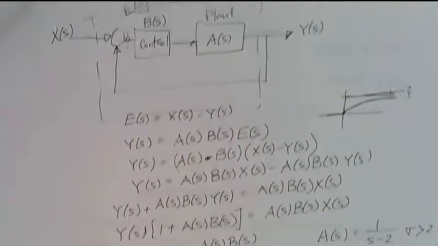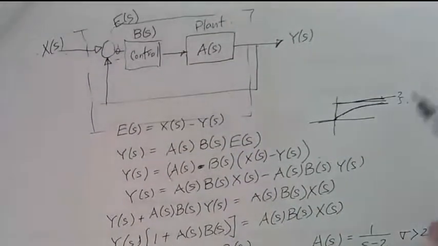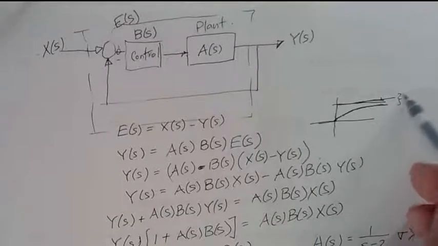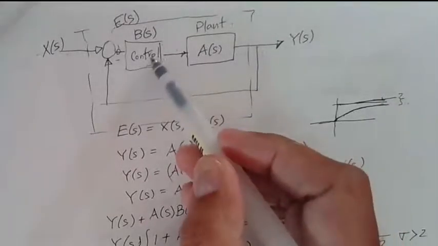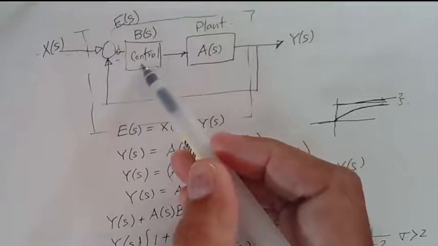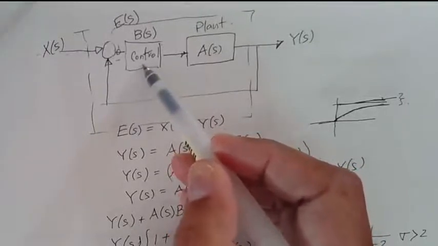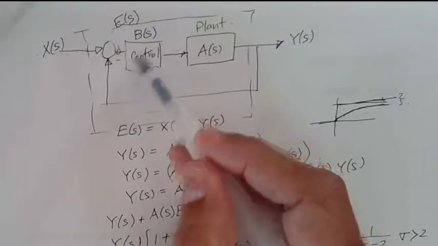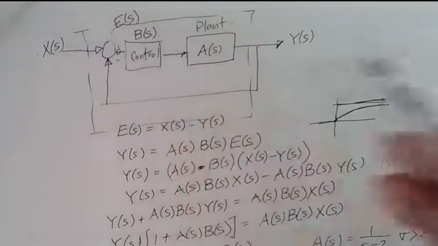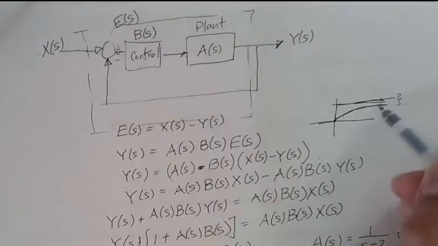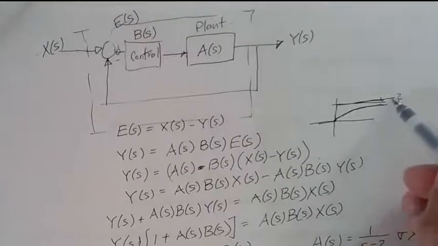Okay, what you can do if that happens is you can amplify this effect. Well, one way you can amplify the effect is by making the gain here really large. But if you make the gain large, that has other consequences as well. So another way you can handle that is by taking the integral of this error term.